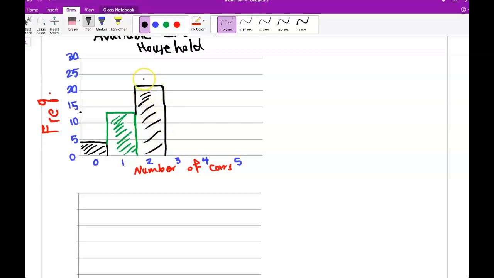Okay, I'm writing what we had here, what the frequency was. That was 22. Here it is 4, and this one is 13.